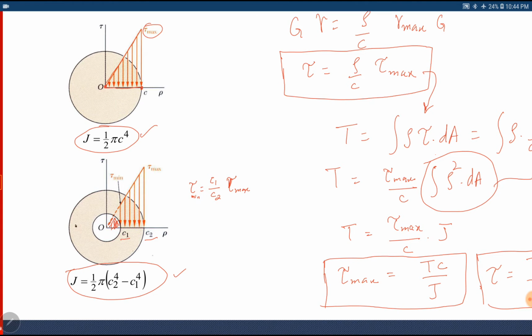So if we have a hollow cylinder, tau minimum over tau maximum, or tau 1 divided by tau 2, is equal to C1 over C2.